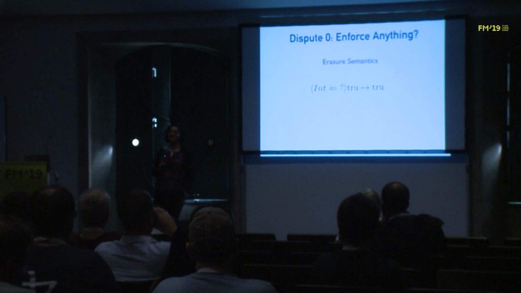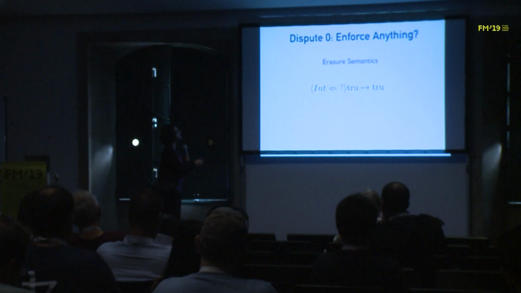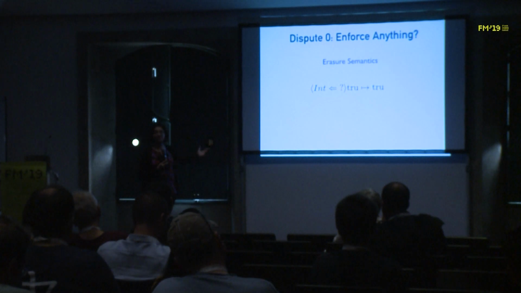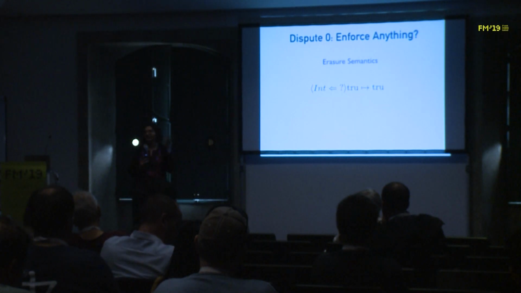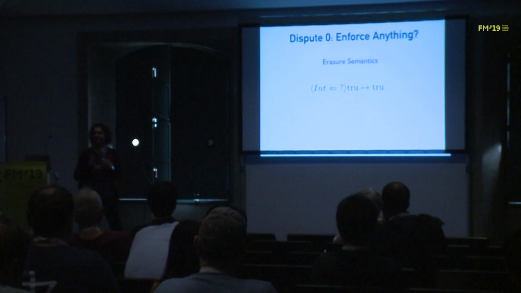So erasure semantics is something that people opt for when they don't want to check anything. So here, for instance, I have a Boolean true, and I'm casting it from the type dynamic to an integer. True is obviously not an integer, but the check-nothing semantics, or the erasure semantics, basically just returns true. So it doesn't check anything. The cast is a no-op, okay?